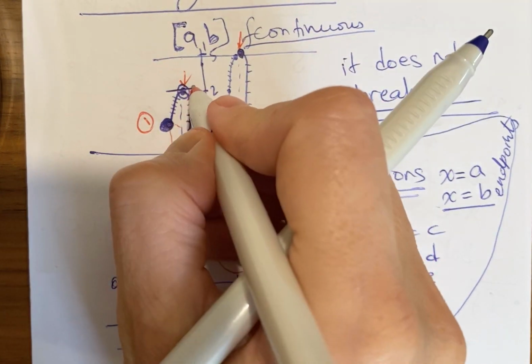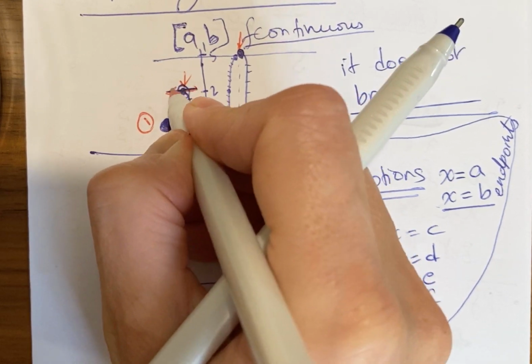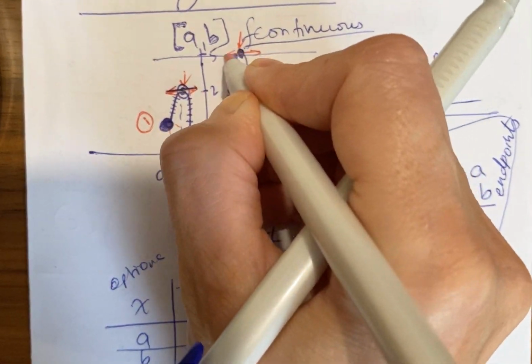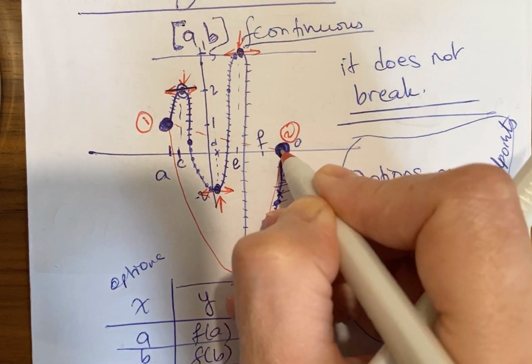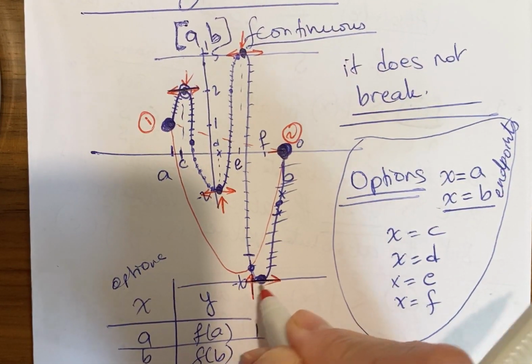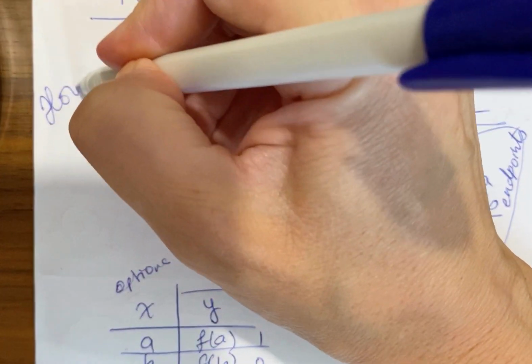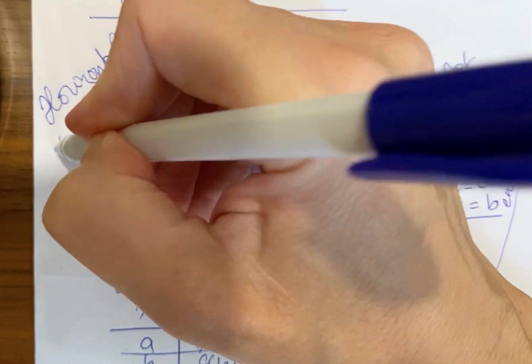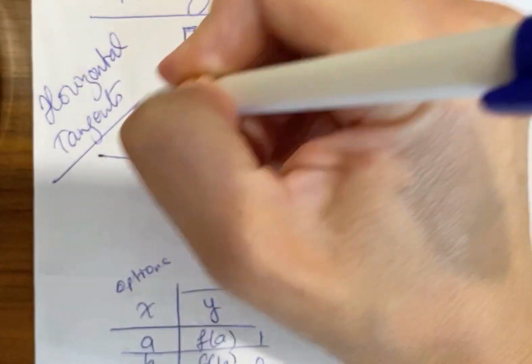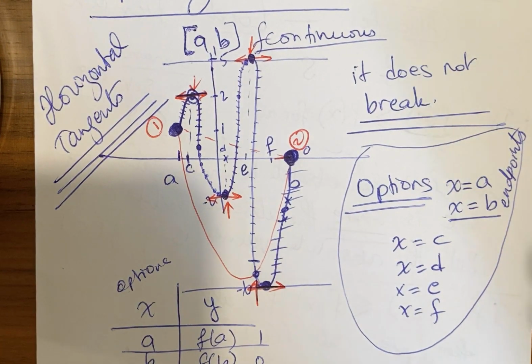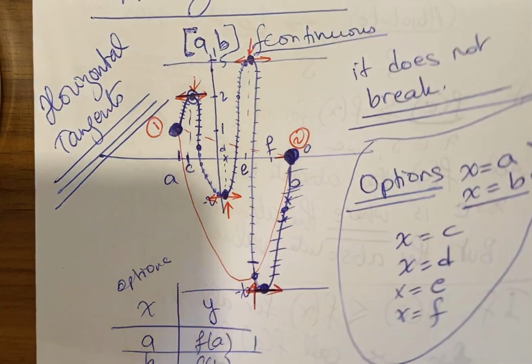Tangents for turning points, can tell me, what do tangents at turning points look like? Brilliant. Tangents at turning points are horizontal tangents.